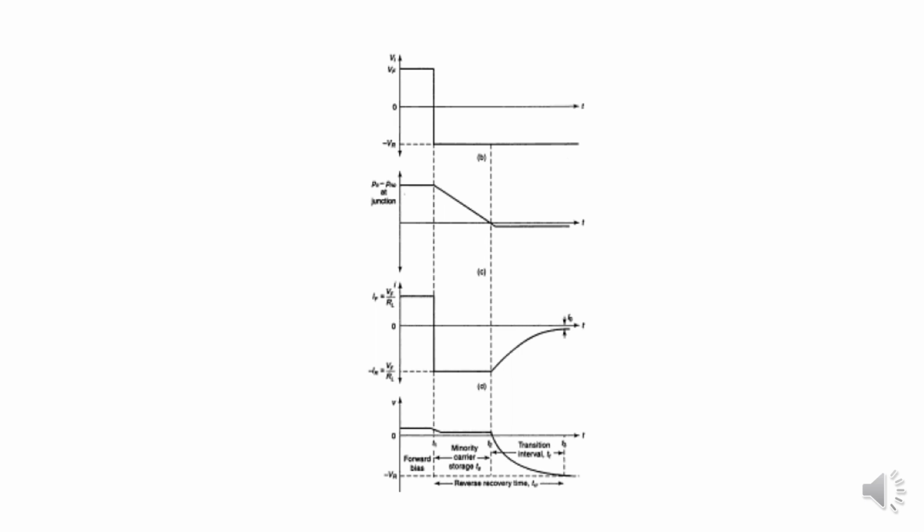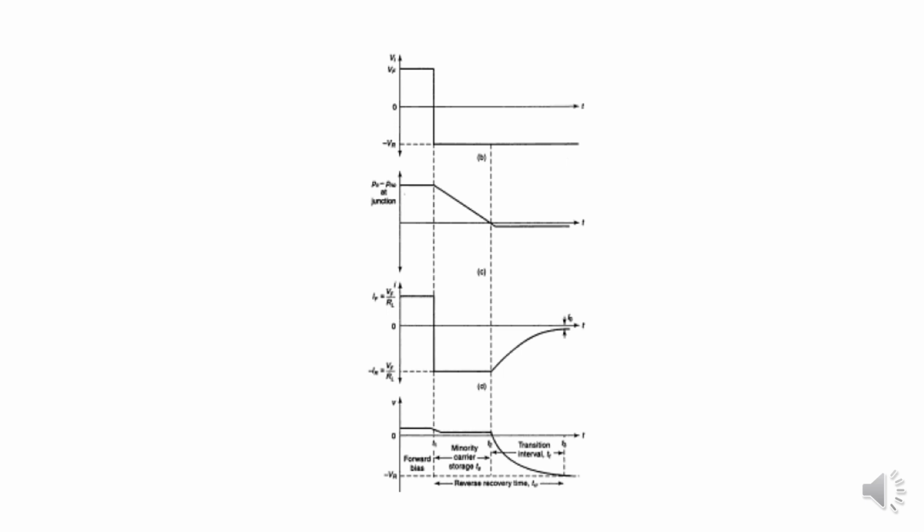And here the applied voltage Vi equals Vf for the time up to T1, in the direction of the forward bias condition. And here the resistance RL is large, so that the drop across this RL is large compared to the drop across the diode, therefore the current is given as I equal to Vf by RL.